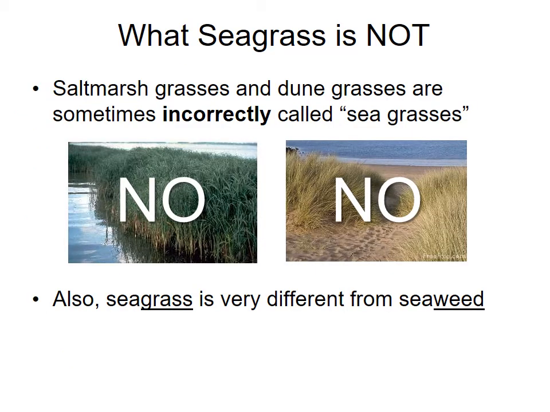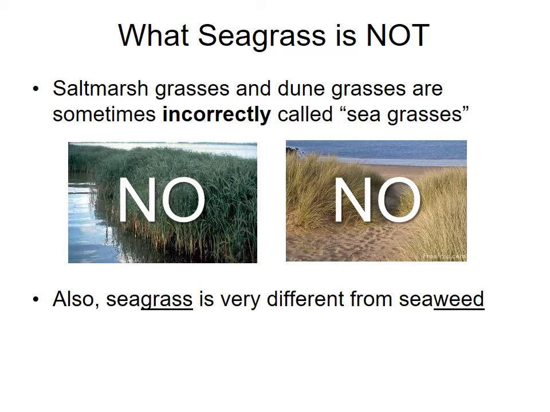So there's some things that people will call seagrasses that are not actually seagrasses. So seagrasses, remember, they live their full lives submerged under the water. So if you're seeing some plant that looks grass-like, but it's growing out of the dry sand, or it's growing intertidally with the shoots sticking up out of the water, it's not a seagrass.